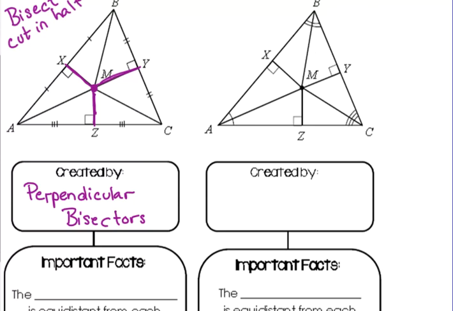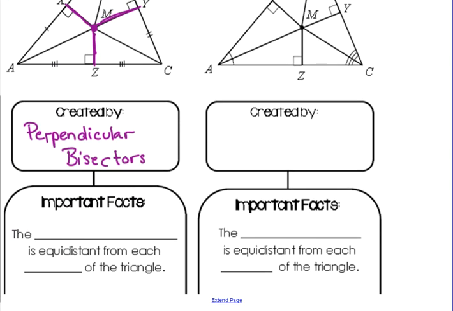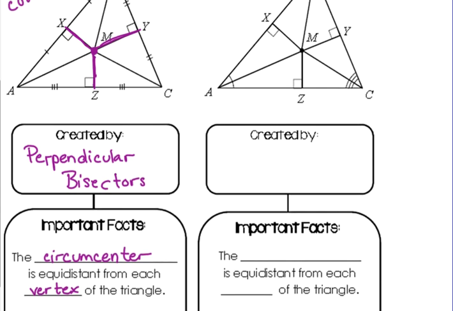Okay, some important facts about the circumcenter. The circumcenter is equidistant from each vertex of the triangle. So that's what those other segments there are for.